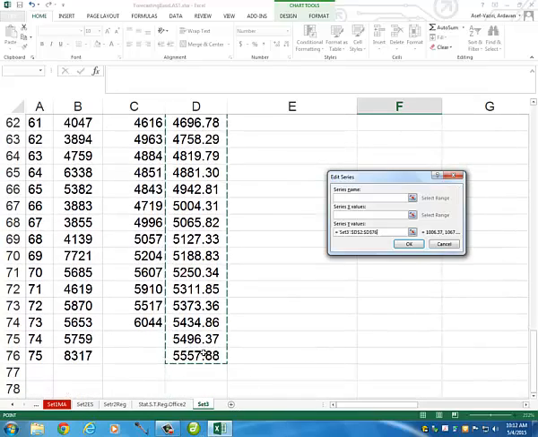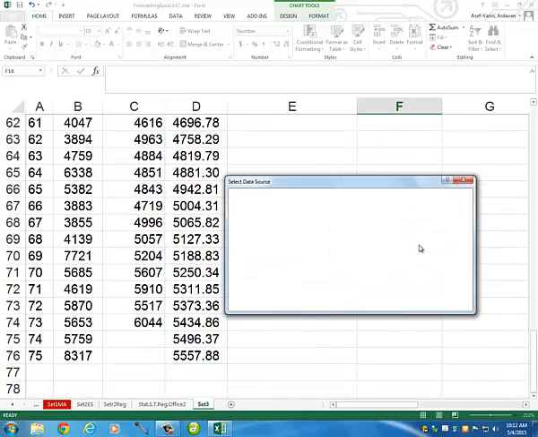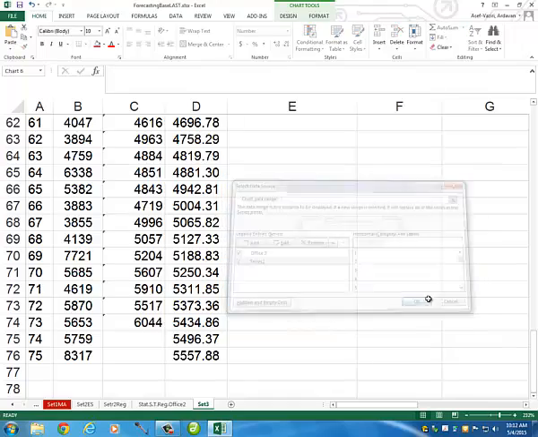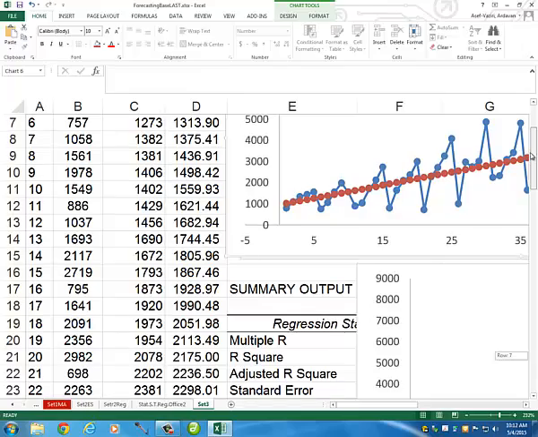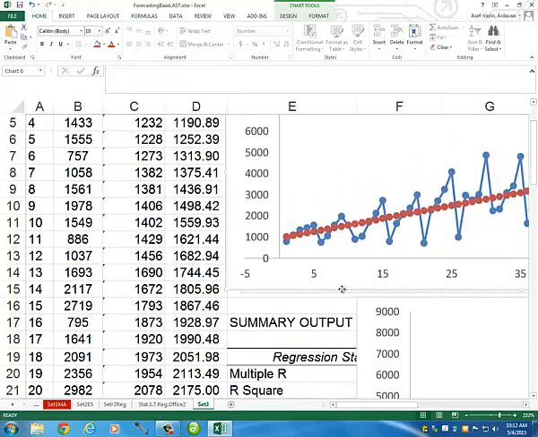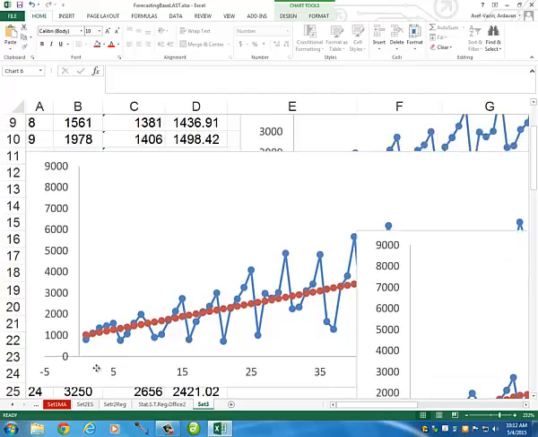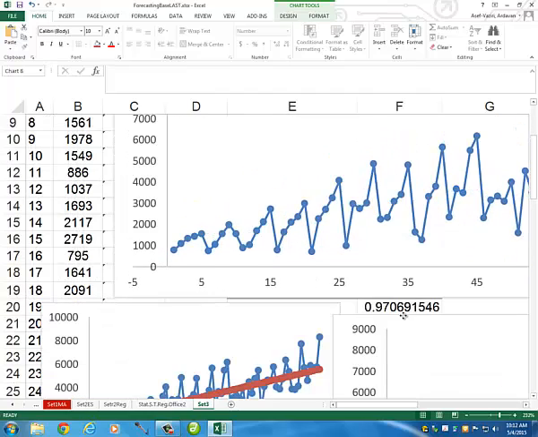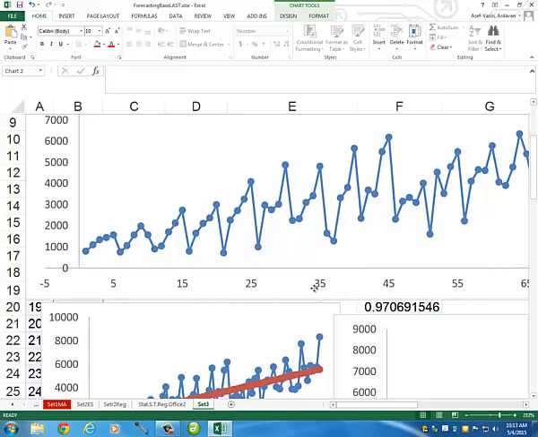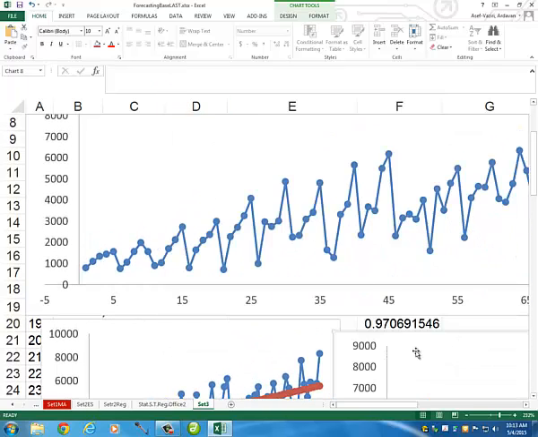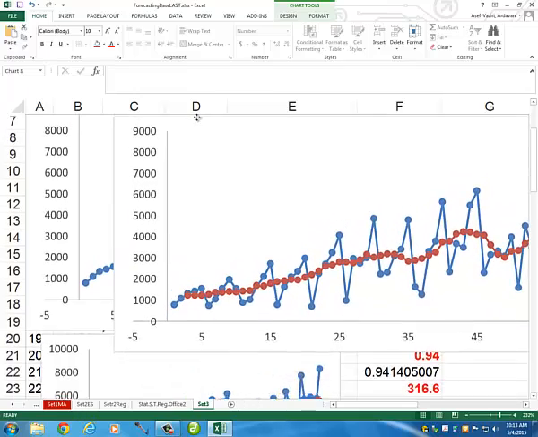I have it here. Okay, and that is my regression line. This was my original data. Then I removed seasonality and I got this line.